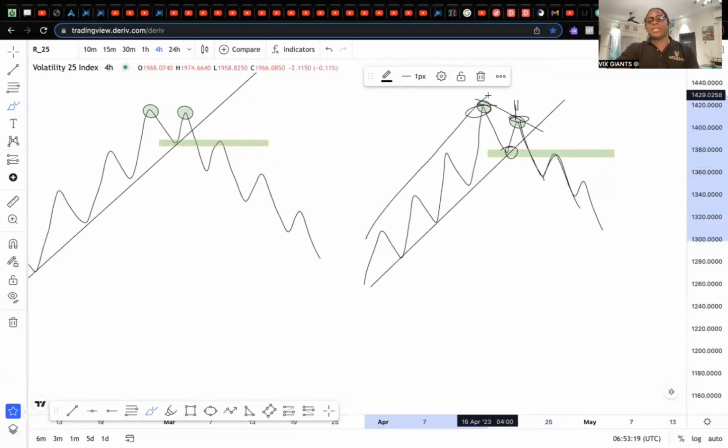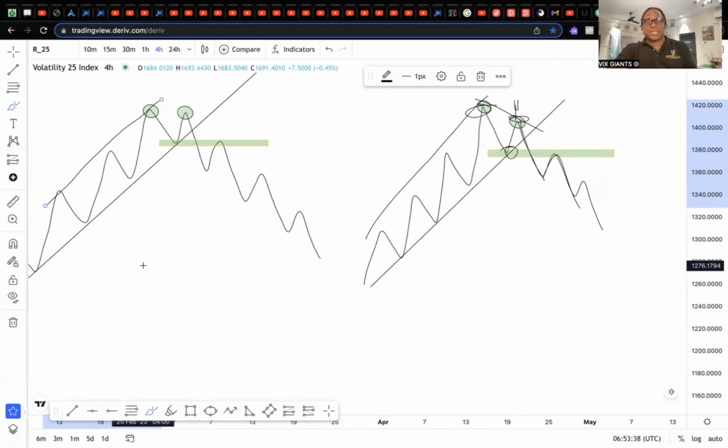So we're looking for these patterns at resistance areas, right? Because remember, we look to sell from resistance. So it's only right that if the market is going up in an uptrend and we see a double top rejection at a resistance level, then we're looking, all right, sellers might be stepping in now. Now is a chance to sell, right?